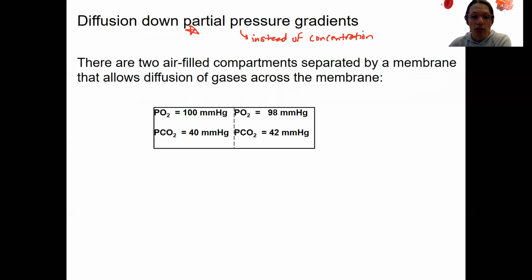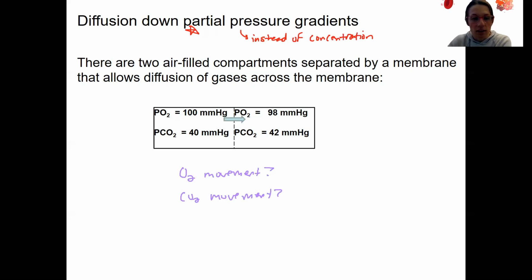Let's say you have two air-filled compartments separated by a membrane that allows for diffusion of gases across that membrane. Which way is each of these gases going to move? Hopefully you can figure that out, right? So which way is O2 movement and CO2 movement? They're both going to move down their partial pressure gradients.